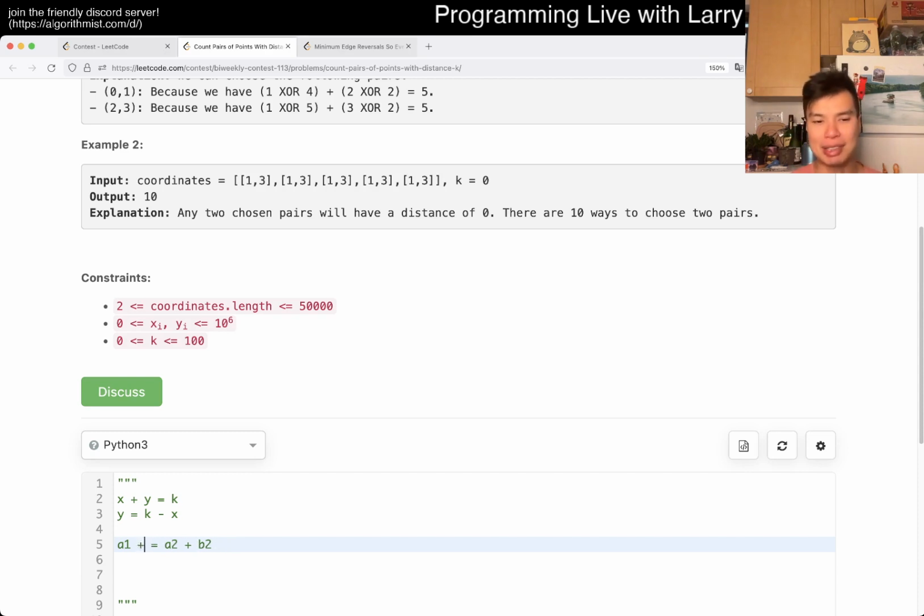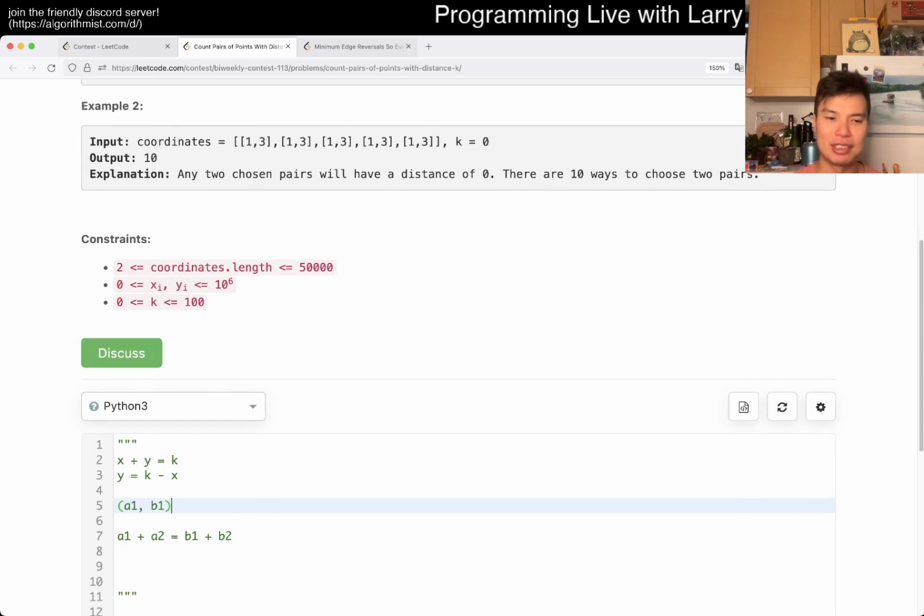Sometimes they write it like this, where for a pair of numbers a1, b1, you may get this formula where you're commingling, but the right way to think about it is rewriting this formula so that you bucket the indexes together.